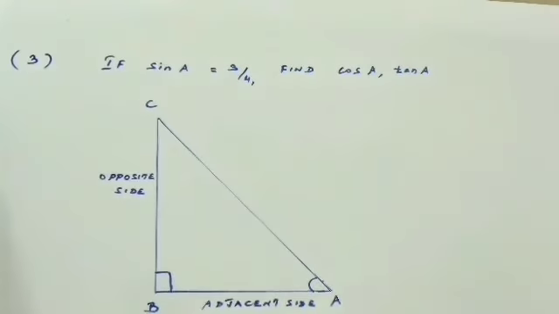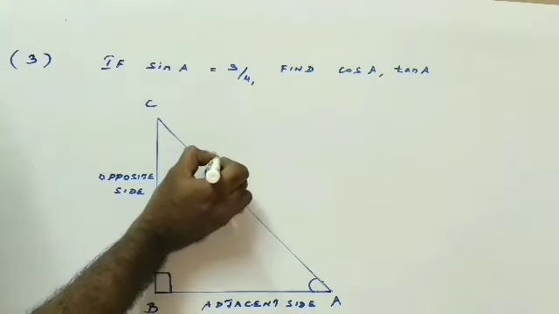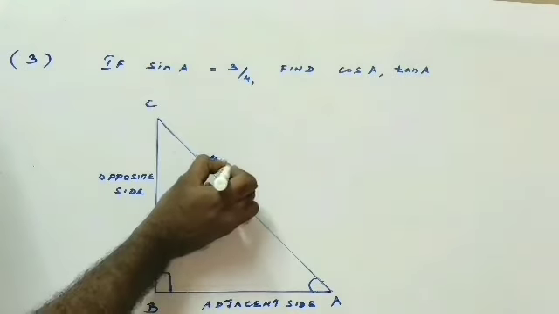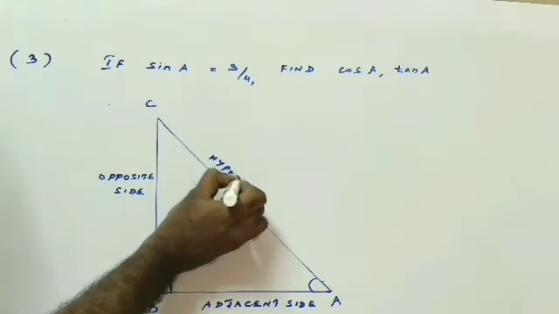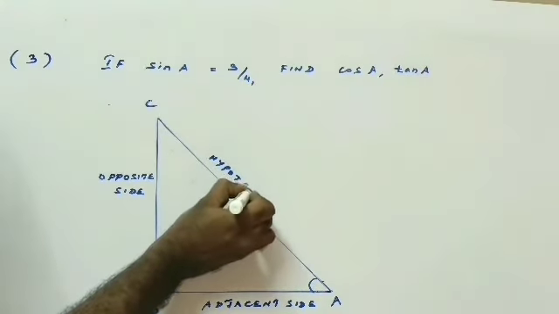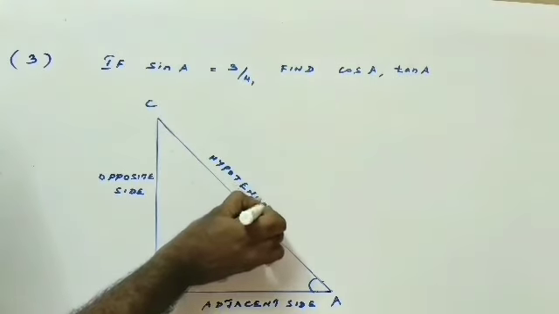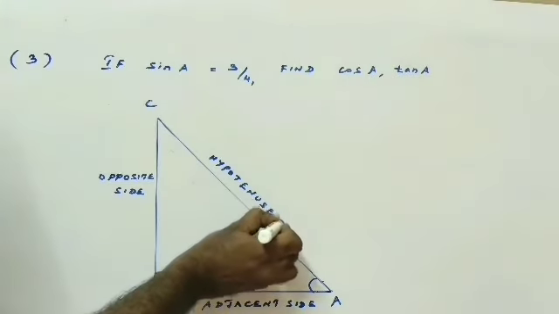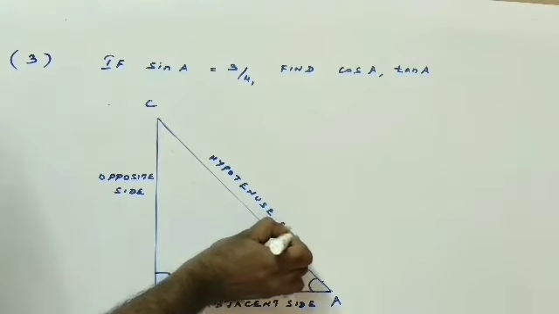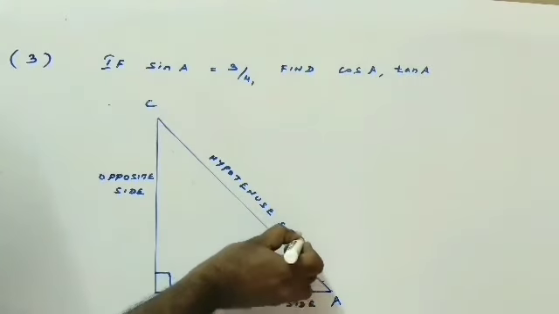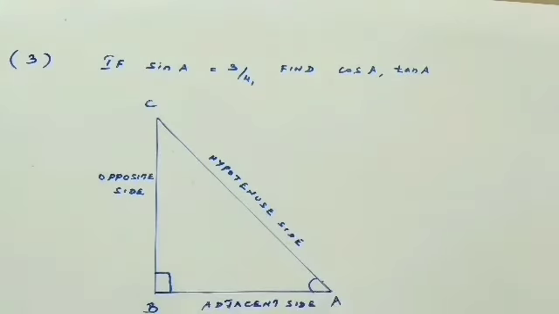The slant side is called the hypotenuse side. Now we know that sin theta is opposite side by hypotenuse side.